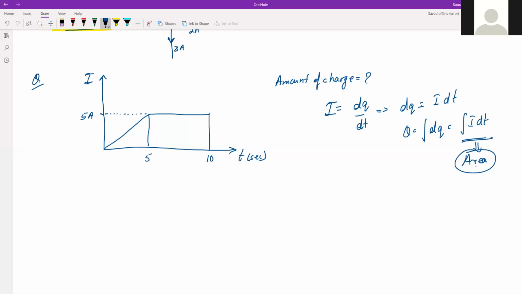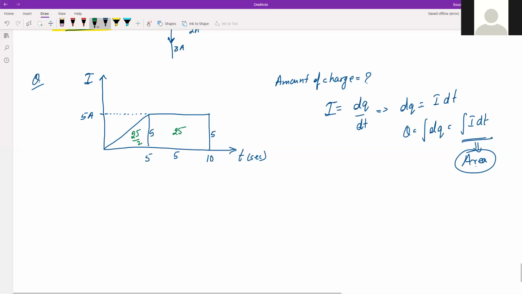What we have here is that this is 5, this is also 5, so this is also 5. So we have one rectangle and one triangle. This area will be 5 into 5 divided by 2, that is 25 by 2, and this will be 5 into 5, that is 25.